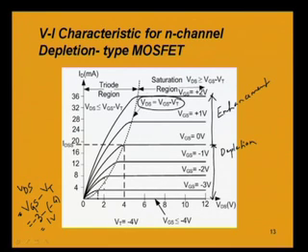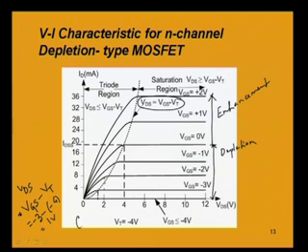And to the right, saturation is happening where VDS is greater than or equal to VGS minus VT. To the left, VDS is less than VGS minus VT, which region is known as triode region, and this region is known as saturation region.